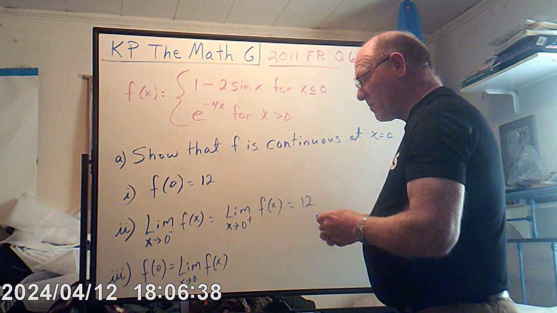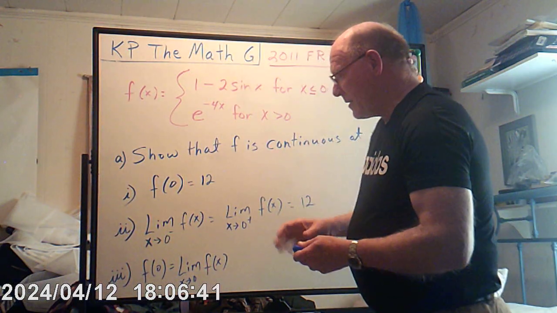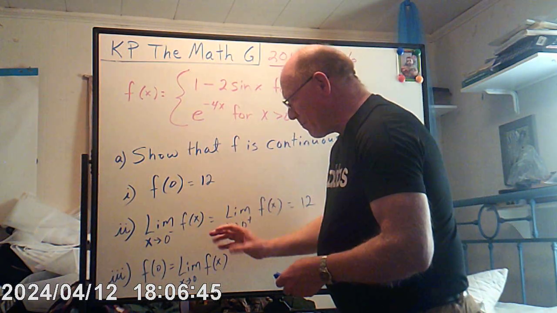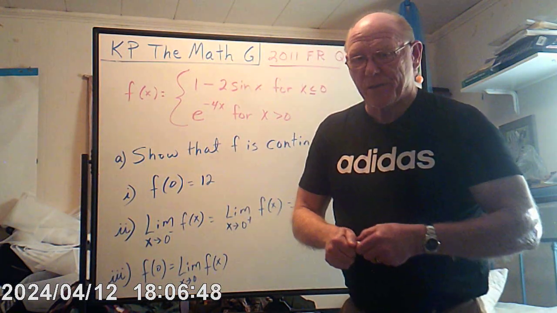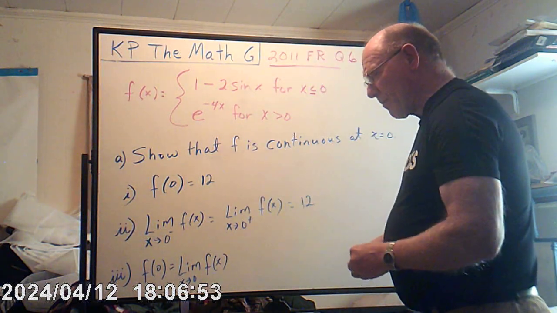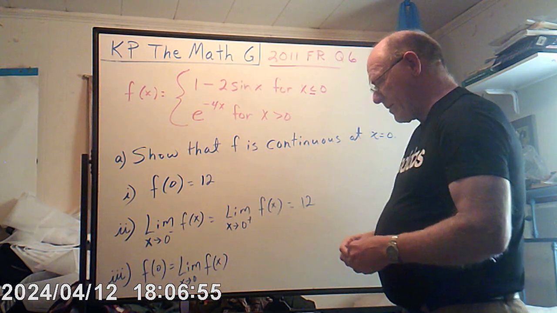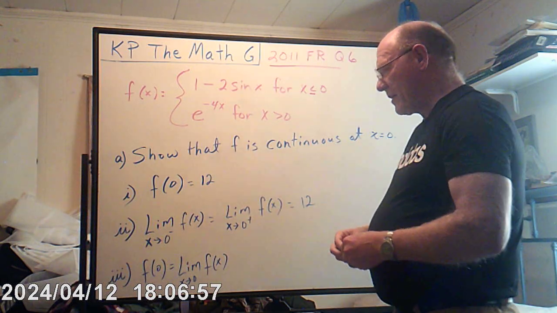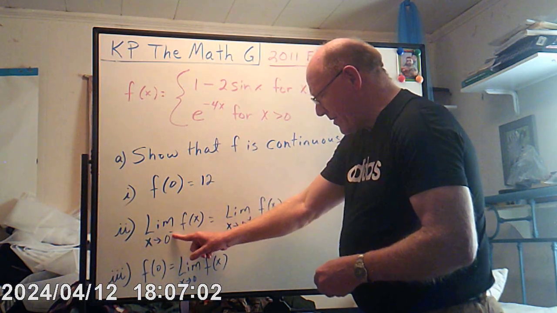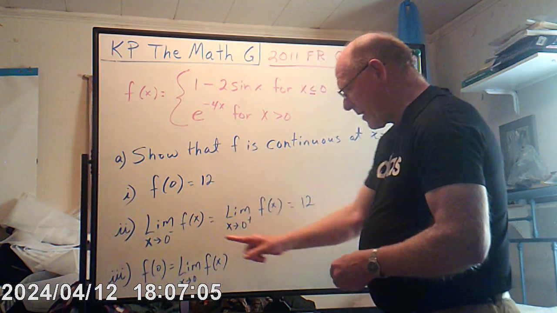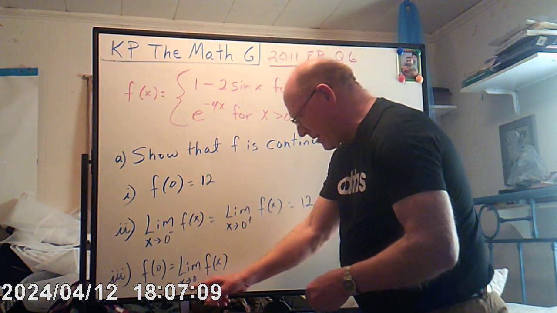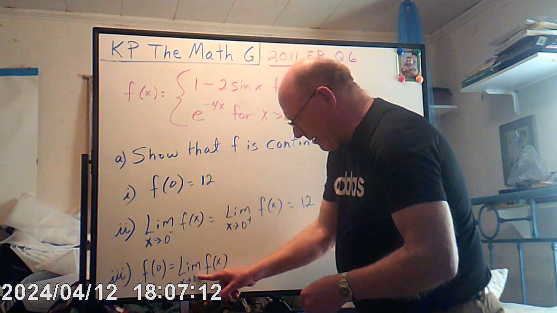Okay, and I don't want to go through the scenarios of one being true and the other one not being true, or 2 of them being true and the 3rd one not being true, or whatever. So we just need to go ahead and take a look at this. So keep in mind that if you deal with 0 from the left and 0 from the right, if they're the same number, then the limit does exist. We don't say left or right down here.